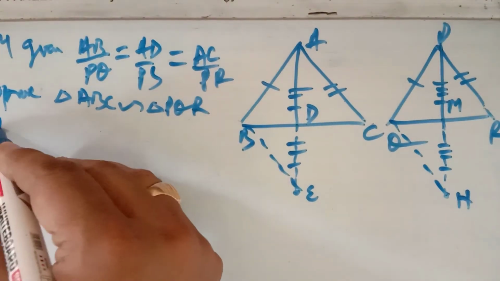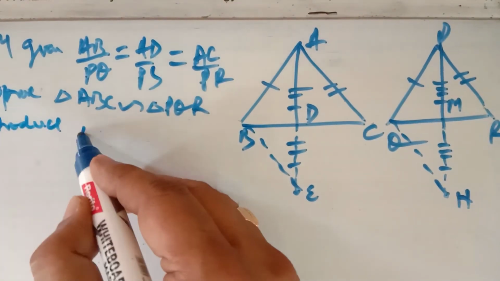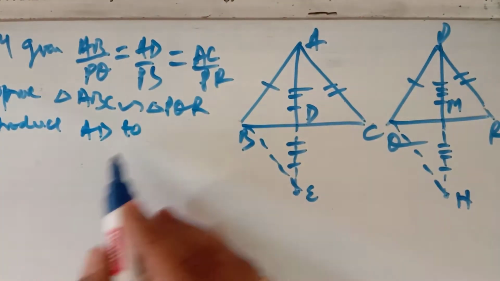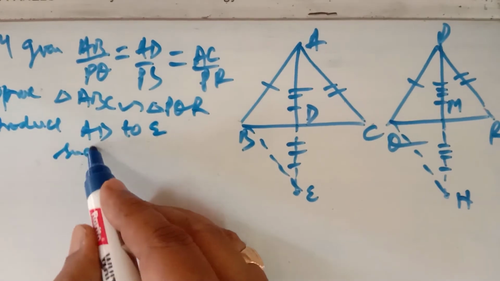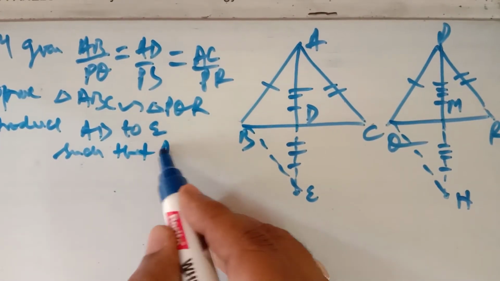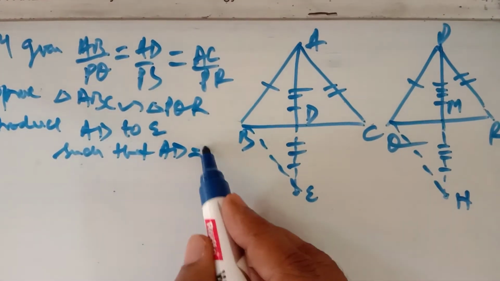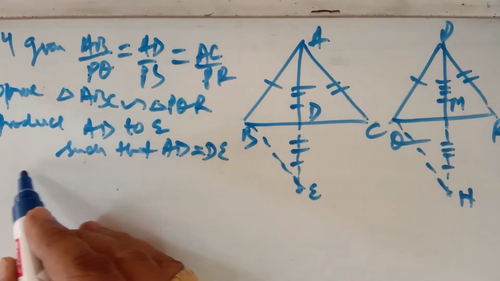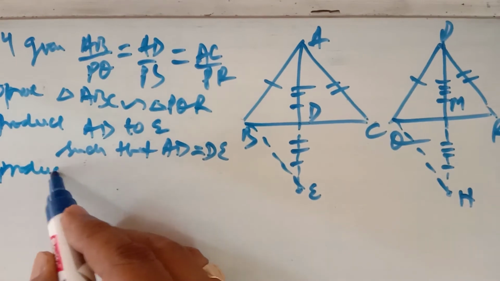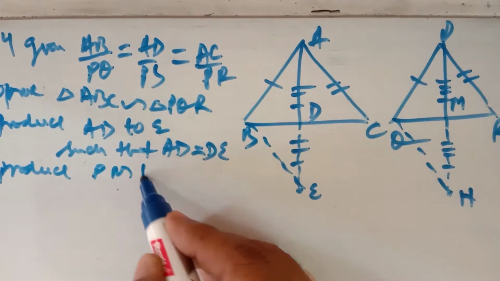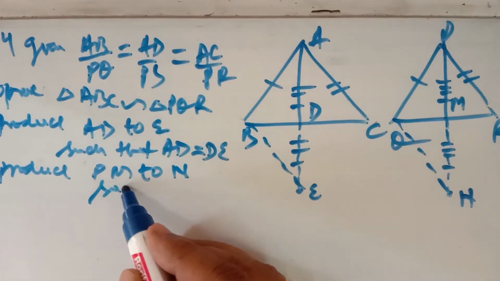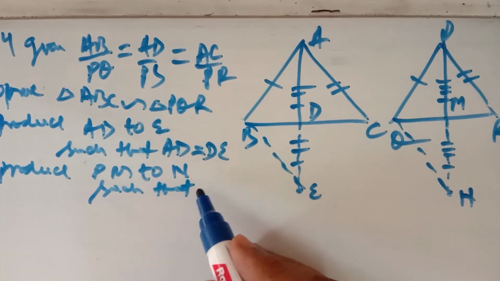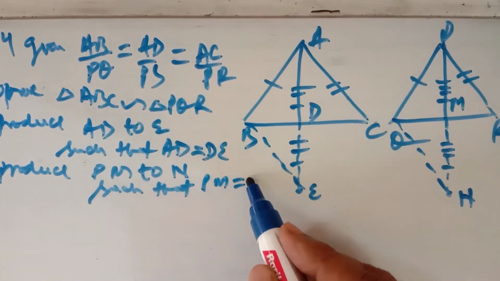So produce AD to E such that AD is equal to DE. Therefore D will be the midpoint of AE. Similarly, produce PM to N such that PM is equal to MN.